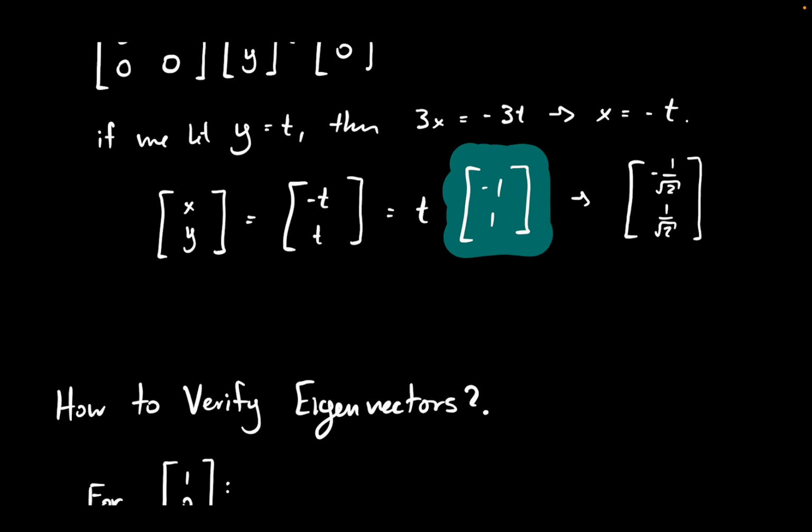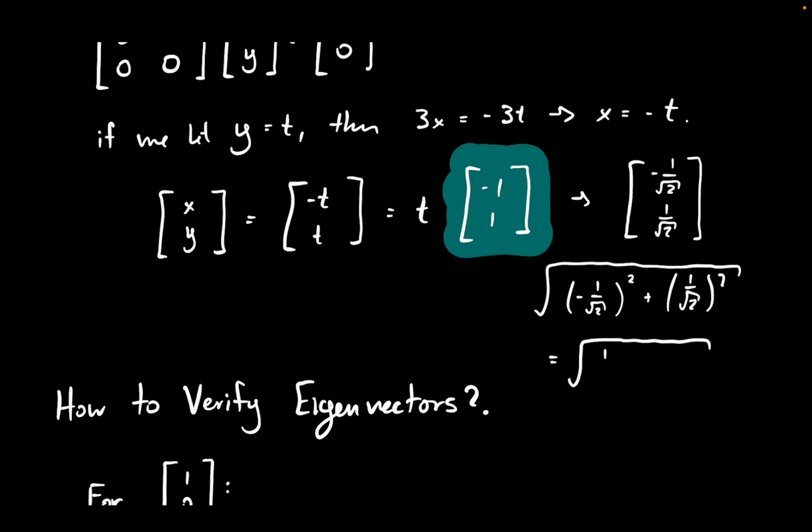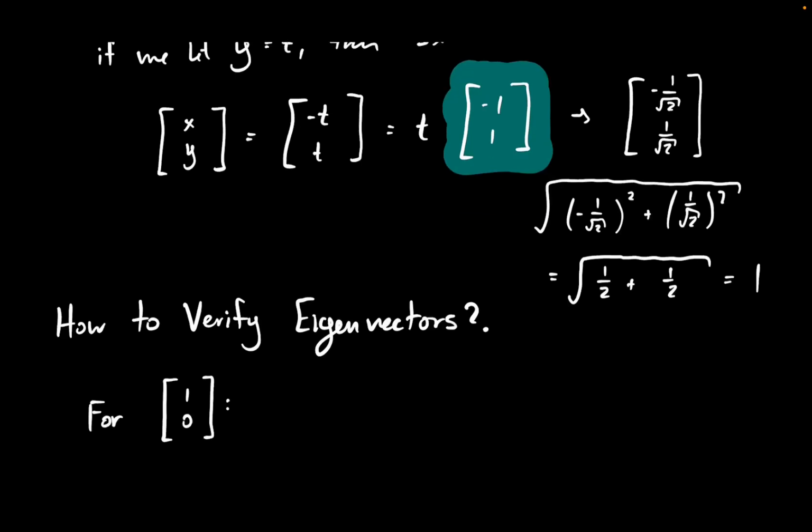Then, if we square that and use the Pythagorean theorem, we end up getting the square root of 1 over 2 plus 1 over 2, which gets us 1, and that's how we know we have a unit vector. So eigenvectors do not have to be unit vectors. That's one thing I wanted to note real quick.